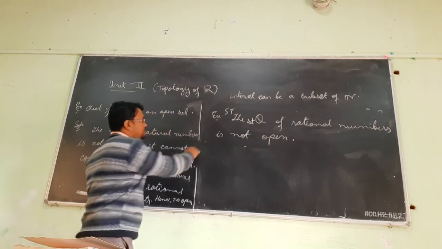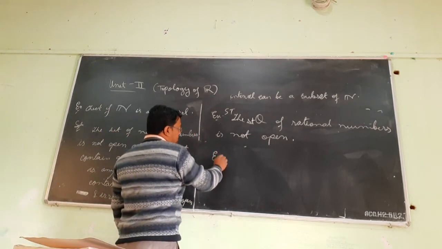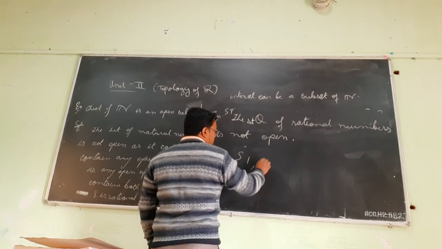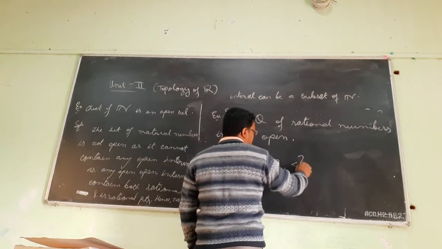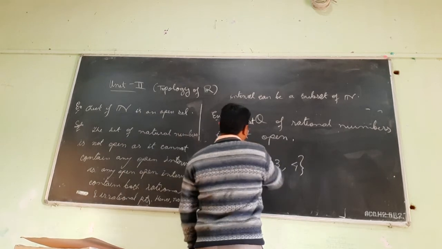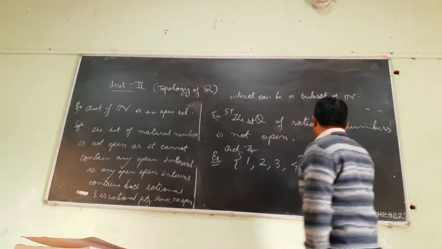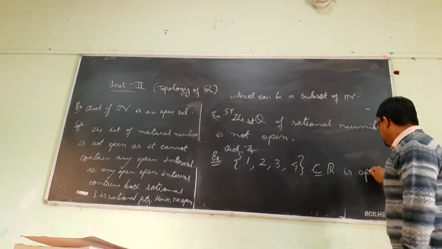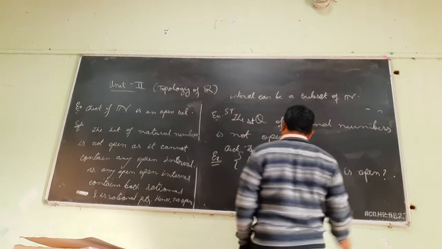What about this set {1, 2, 3, 4}? Check if this set, a subset of R, is open. Is it an open set?